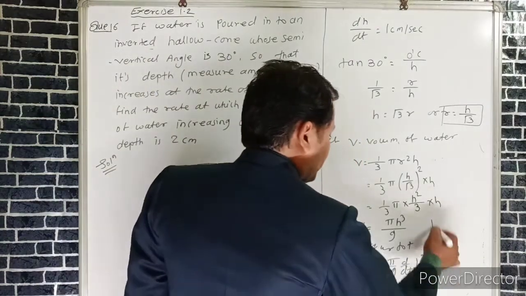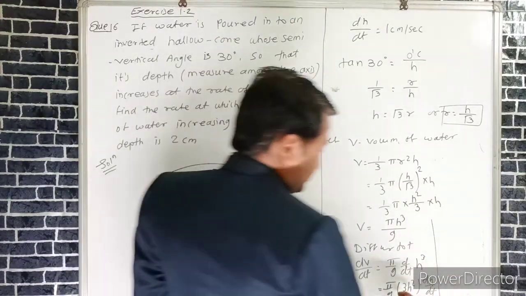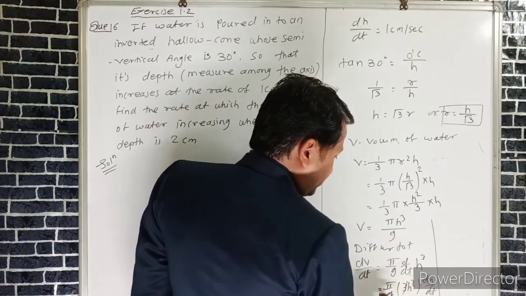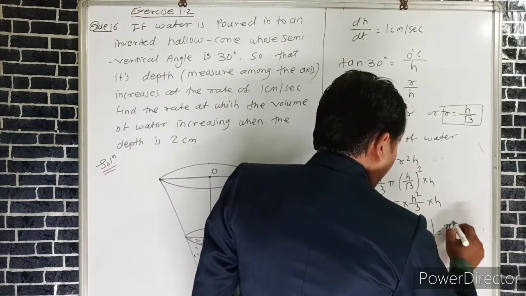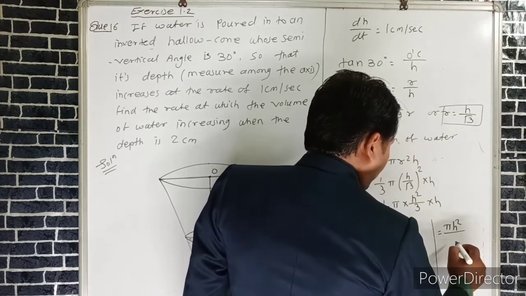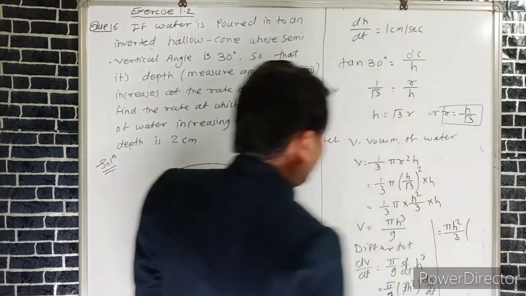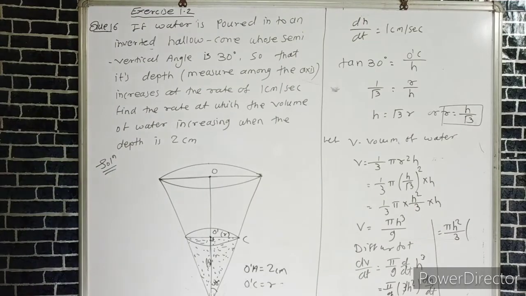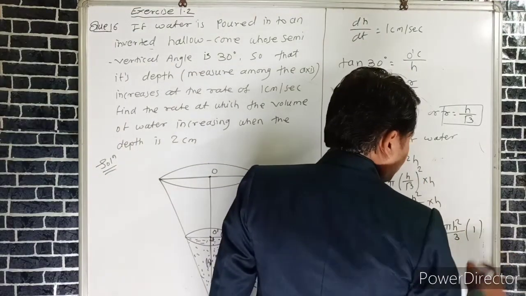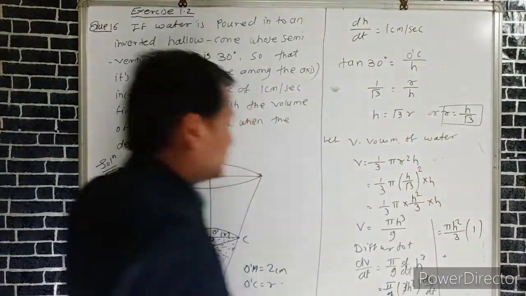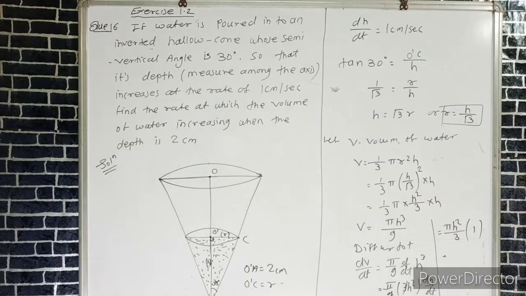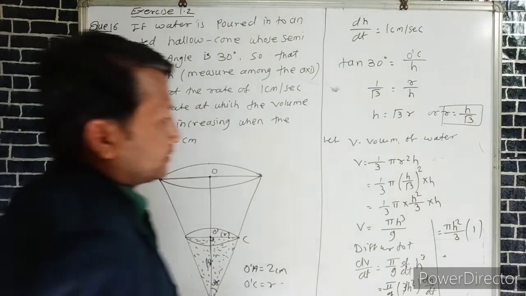So 3 upon 9 is 1 by 3, we can write pi H square upon 3 into dH upon dt, which is 1 centimeter per second.